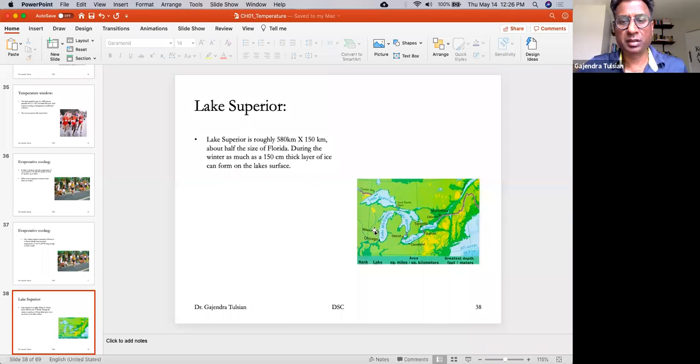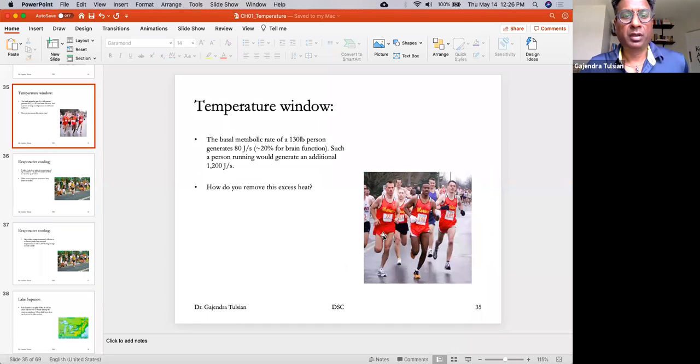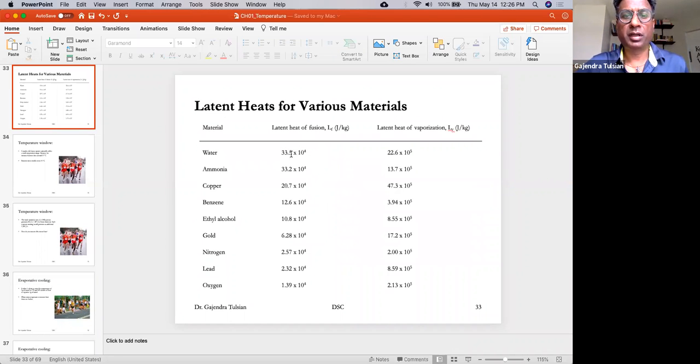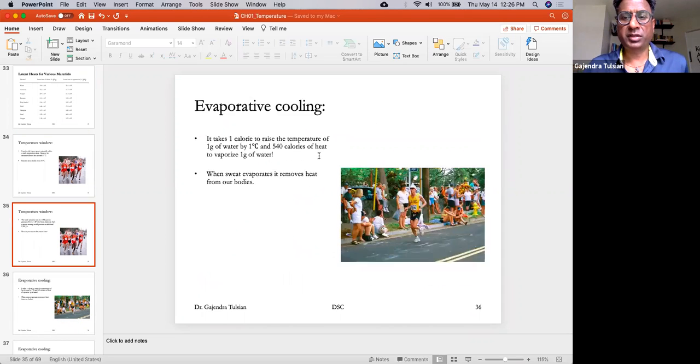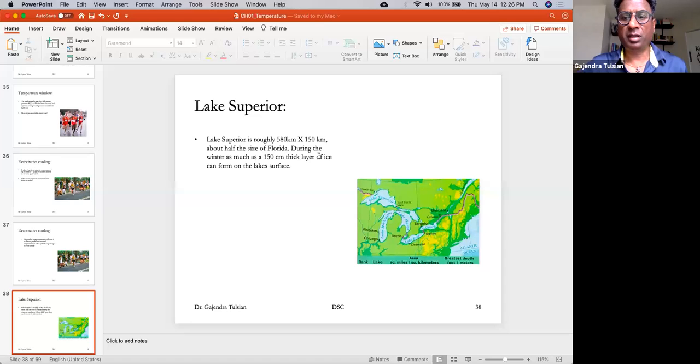So here's another amazing fact about this number, the latent heat of fusion, which is a large number as well. These numbers are just illustrating how large amounts of energy are being moved in nature. So here is Lake Superior.